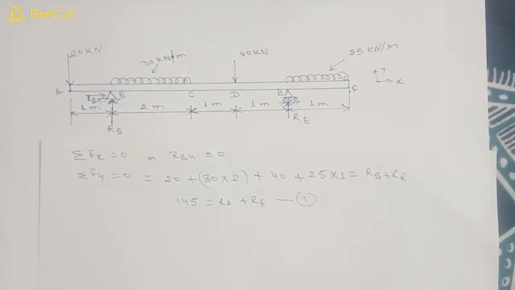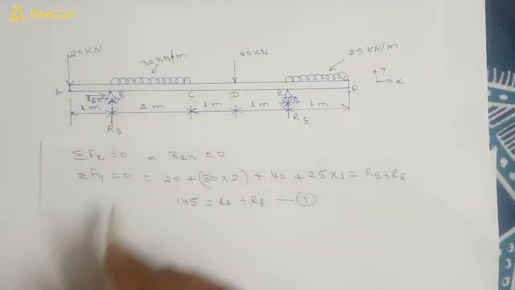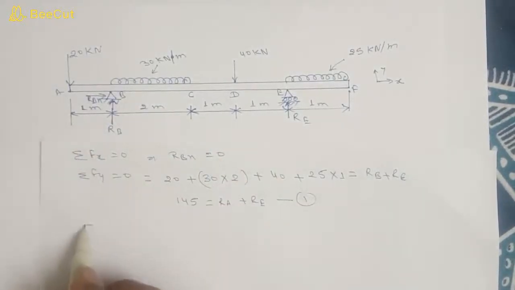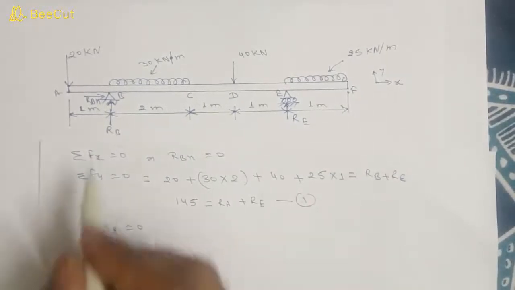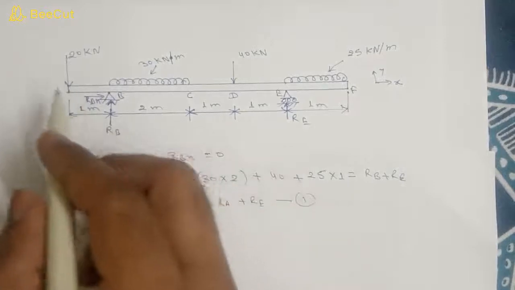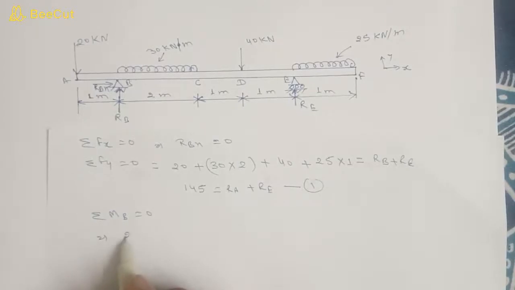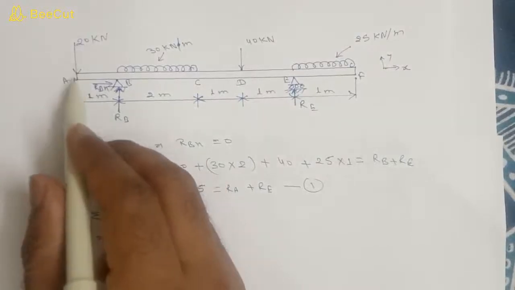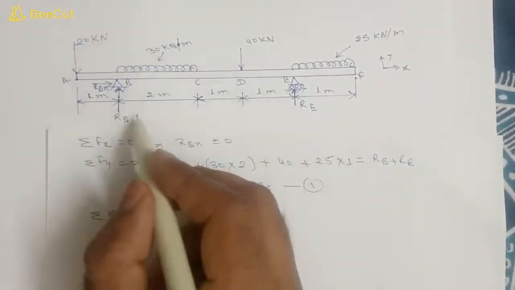Now if you take moment about this point B, the sum of all the moments about point B should be 0. Now after taking moment about point B, this is counterclockwise. So if we consider counterclockwise as negative, then minus 20 into 1, this is 20 kilonewton into 1 meter distance, plus this is clockwise direction.